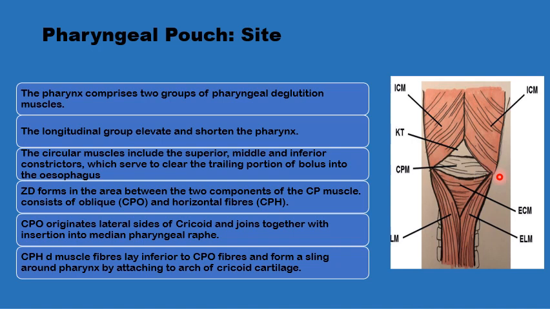The longitudinal muscles include the three constrictors of the pharynx, the superior, the middle, and the inferior constrictor muscles. They act by pulling up the pharynx and shortening it on top of the advancing bolus.